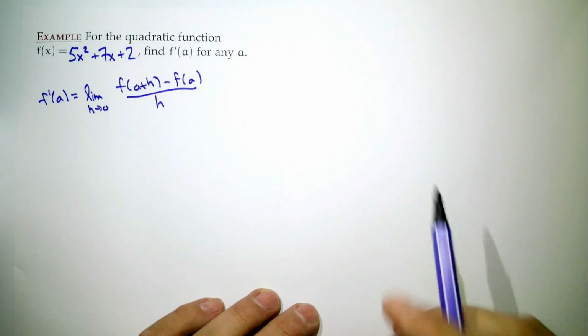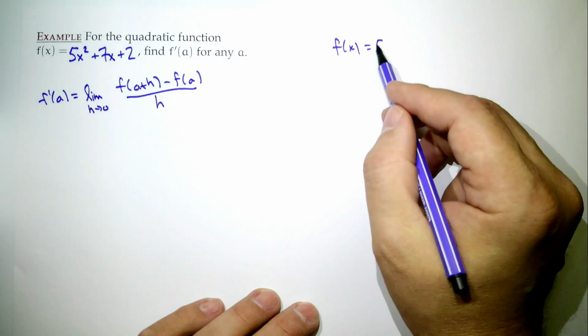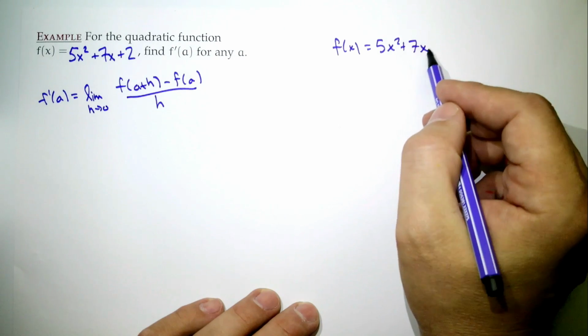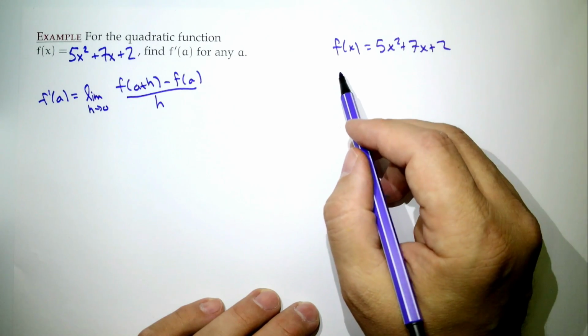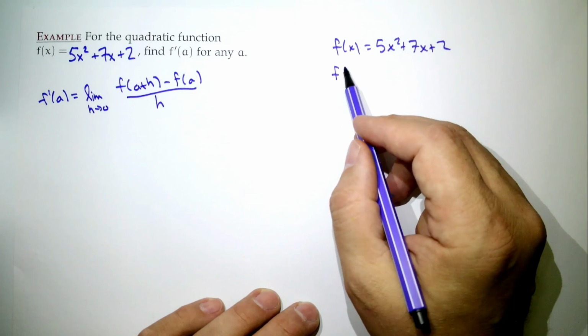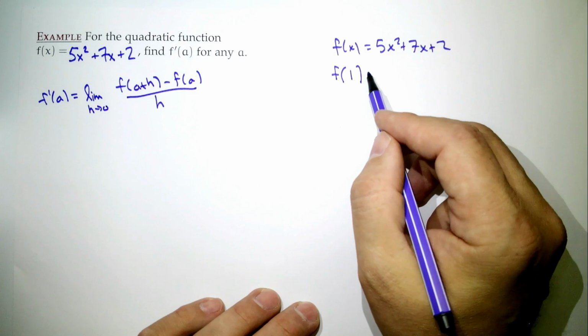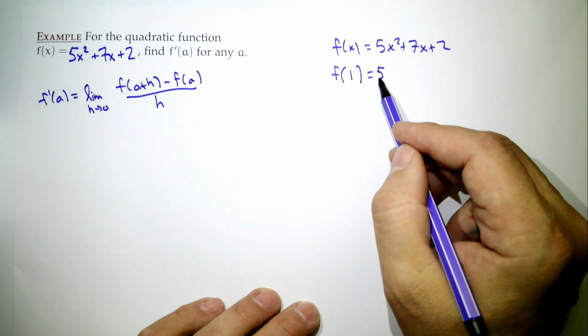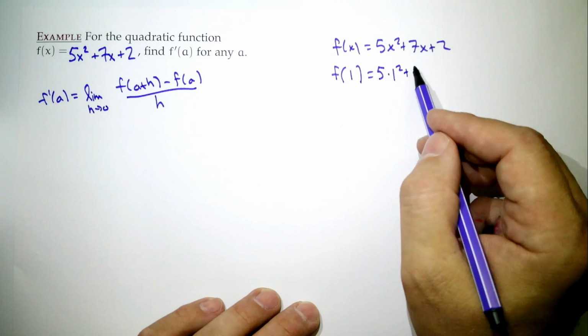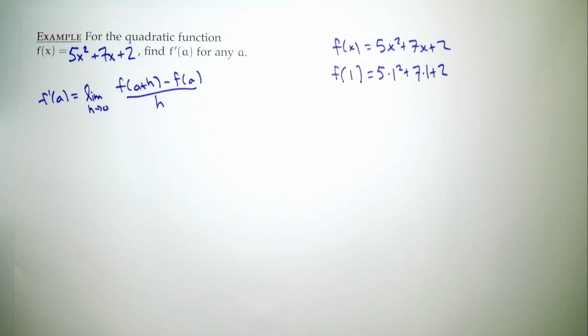So here's our original function: f of x equals 5x squared plus 7x plus 2. Let's just do a couple of things. What is f of 1? Well, 5 times 1 squared plus 7 times 1 plus 2. That's what f of 1 is.